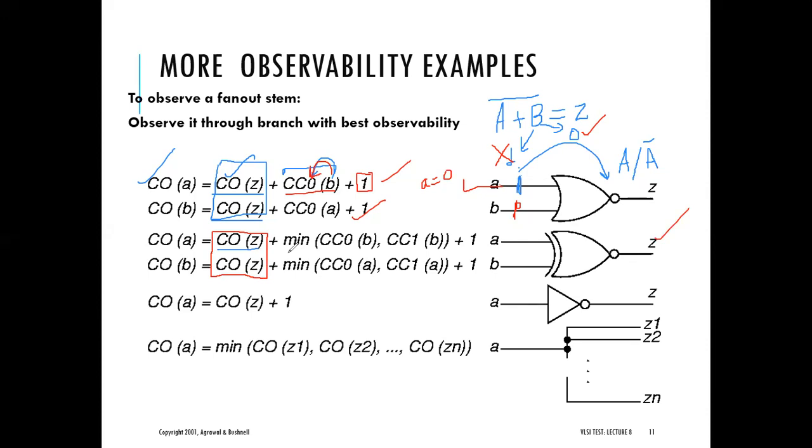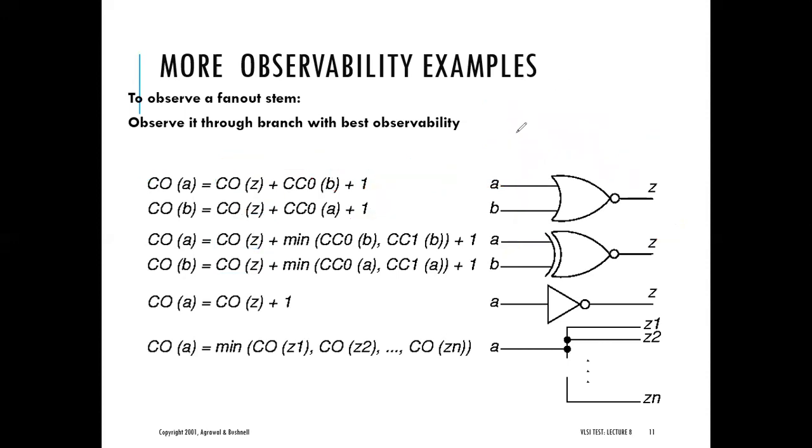So what do you have to do here? If you want to propagate something at this particular node to the output, how can you do it? Let me do it.